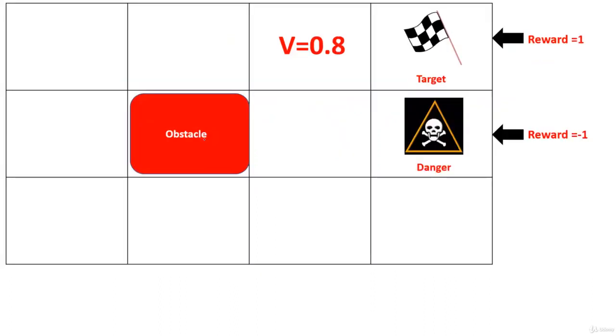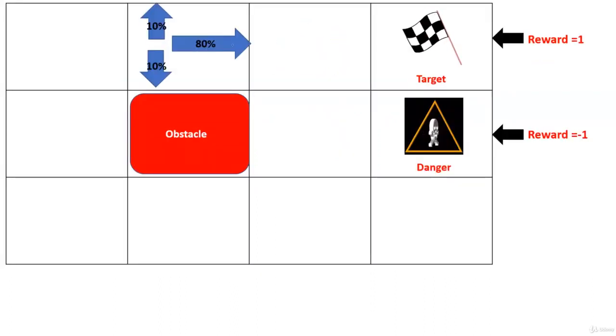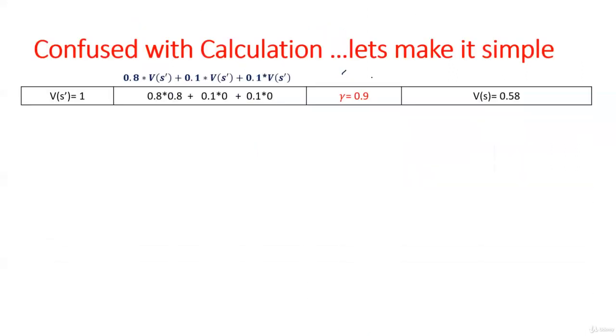Now this 0.8 is ready for us. Let's consider the next one. Here we have 0.8, and here we have 0. So 0.8 multiplied by 0.8, then by 0.9, because 0.9 we decided as gamma, comes to 0.58.